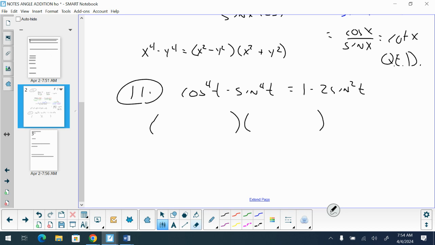So we relate that down to cosine to the fourth minus sine to the fourth. What would be your two factors? Wherever you see an x, put in a cosine. Wherever you see a y, you can put in a sine. Once again, algebraic skills: x to the fourth minus y to the fourth, that's a factoring.